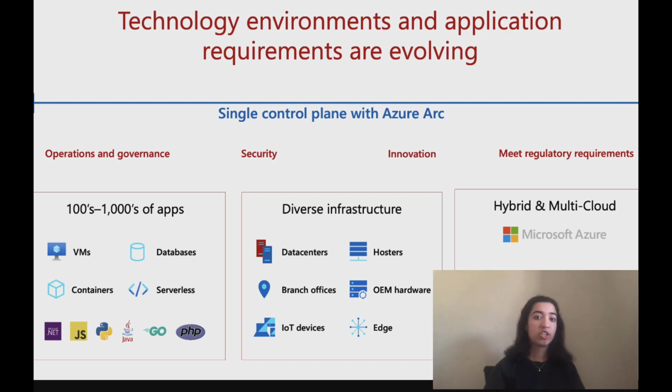So some of the questions that we often hear from our customers is, how do we govern and operate in these different environments? How do we ensure security across the entire organization? At the same time, people are looking to enable developer agility and innovation. And with the regulatory environments that you have today, how do you overcome these different hurdles?